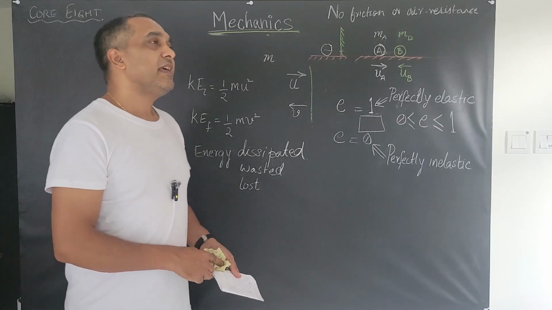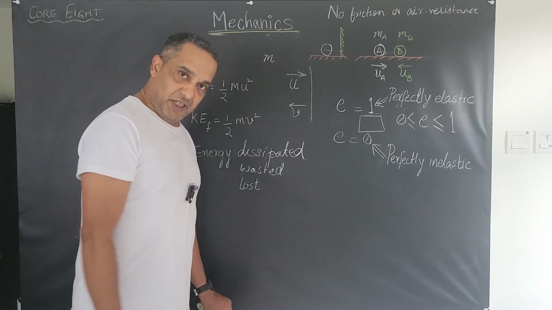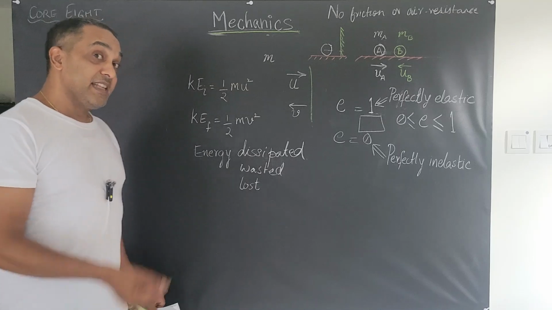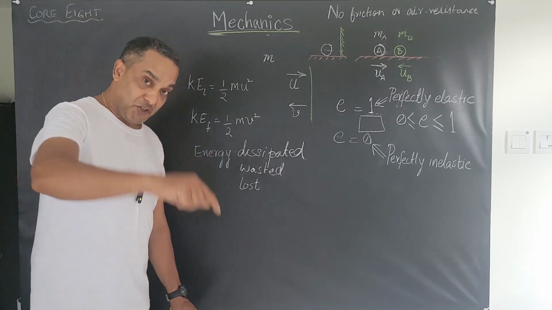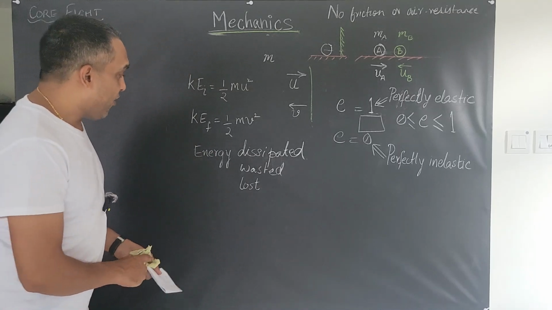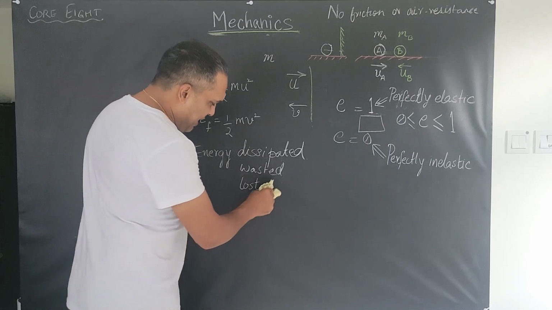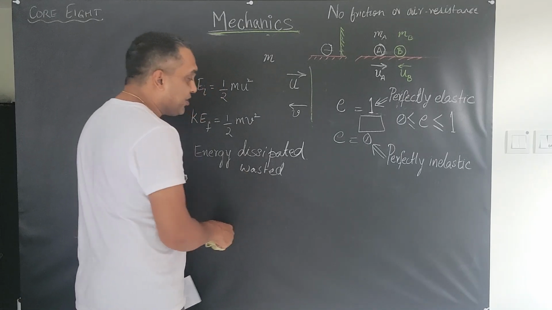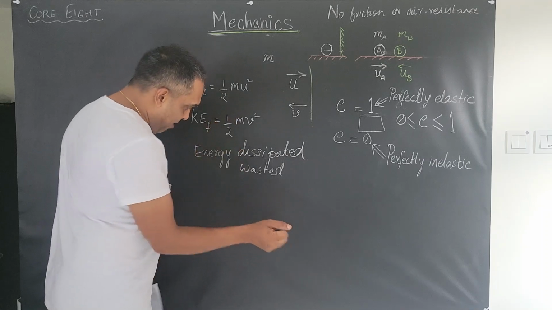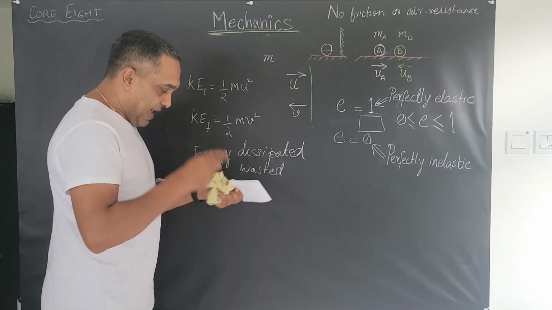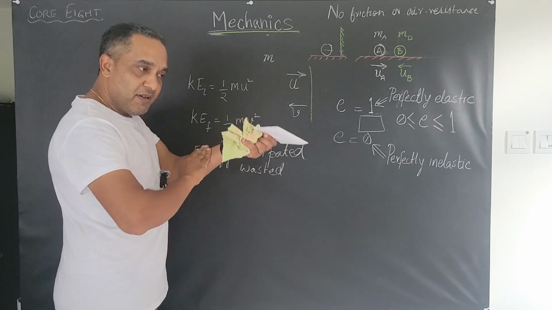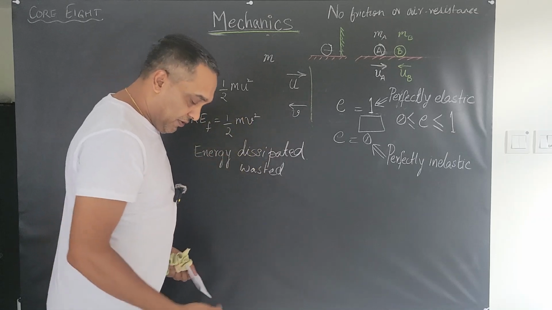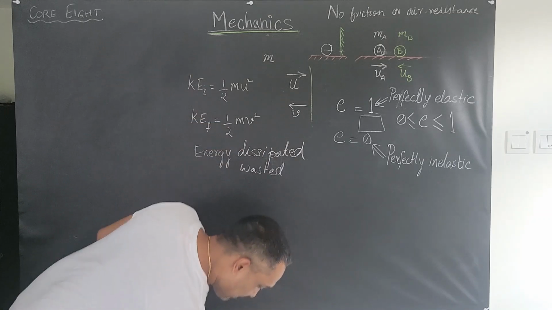Some people will say it's a loss of mechanical energy. Some people will say it's a loss of kinetic energy, which is true, right? So remember these terms. It's never energy lost. It can be energy wasted because if I knock something, there's a sound. My hand, there's a sound. There's some amount of energy going to create that sound energy, right?